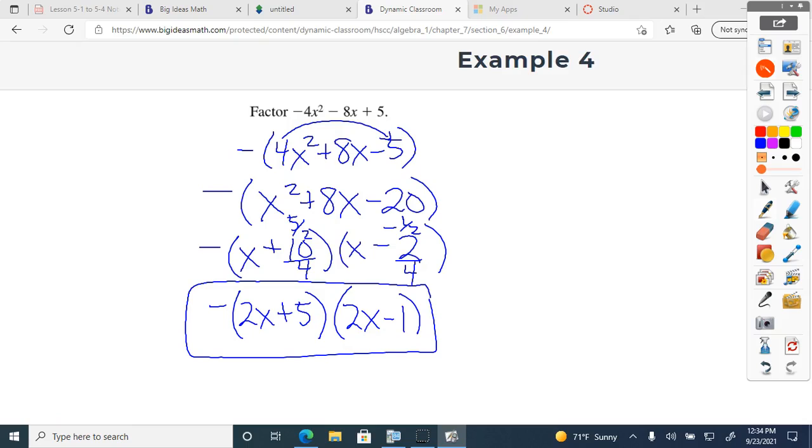What if, instead of saying factor, what else might it say that we did yesterday? Solve. What if it says solve? Okay? I'm going to do every single thing exactly like I did. But once I get to here, I'm going to write it down over here.